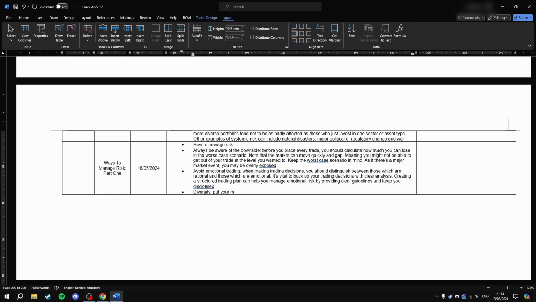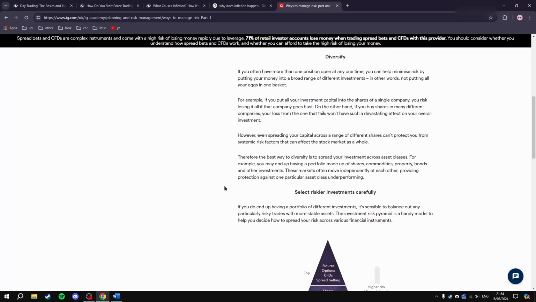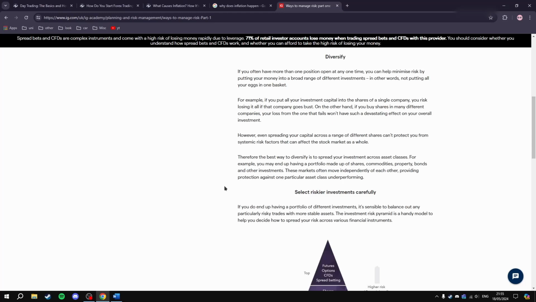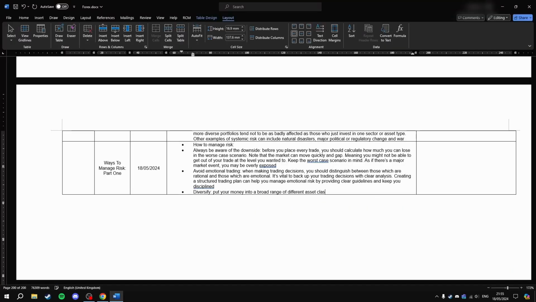Put your money into a broad range of different asset classes.